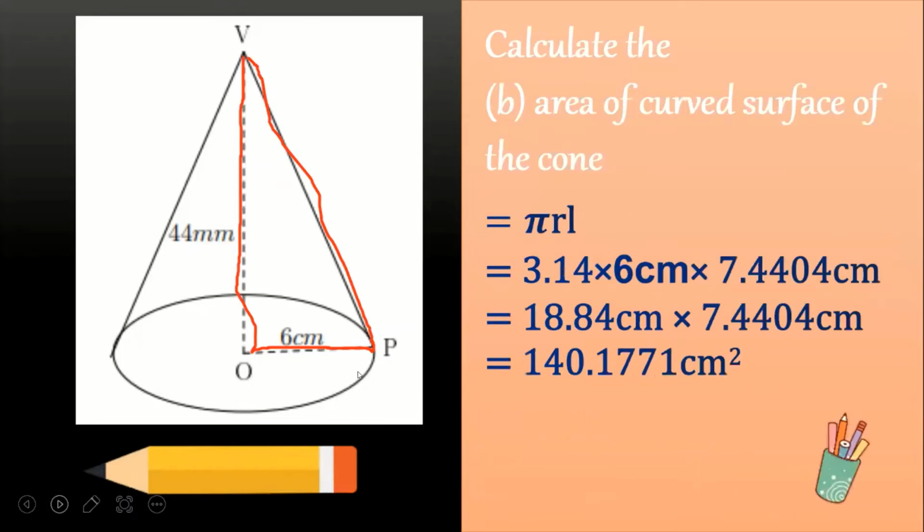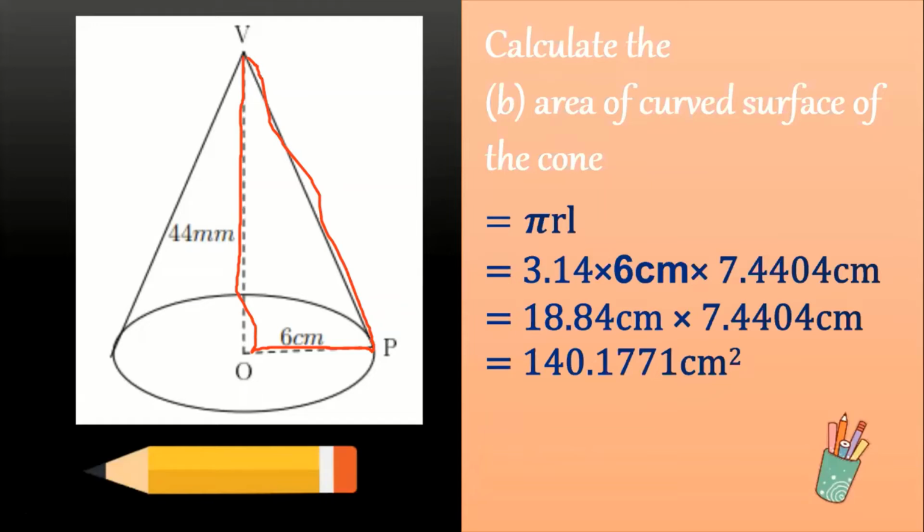We'll then continue to our next question. We said, calculate the area of the curved surface of the cone. So for the area of the curved surface of the cone, we use the formula pi r l. In this case, I'll be using my pi as 3.14. Our radius is known to us and it is 6 centimeters, while l is the slant height of this cone, which we have just discovered is 7.4404 centimeters.